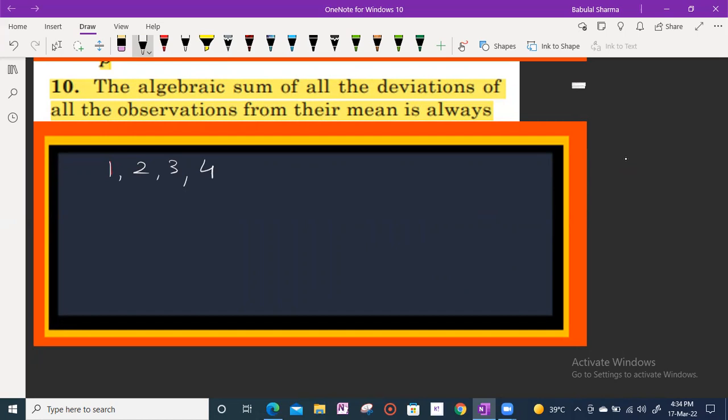These are the observations. Their mean will be given by 1 plus 2 plus 3 plus 4 by 4, that is 1 plus 3 plus 3, 6 plus 4, 10 by 4. That is 2.5. The mean of these 4 numbers is 2.5.